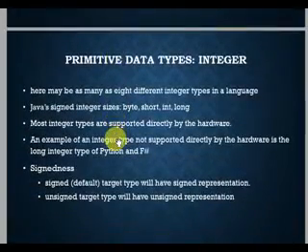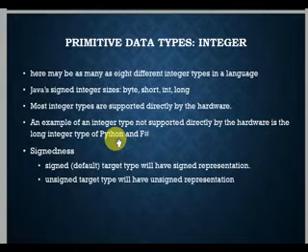I think you know what an integer means. It is the most common primitive data type. Many compilers support several sizes of integer, for example short, int, long, and byte. Such different sizes can be supported in any programming language. For example, Java's signed integer sizes are byte, short, int, and long.